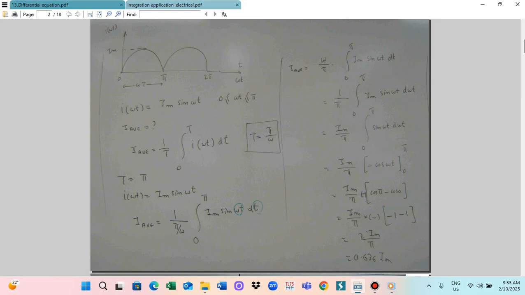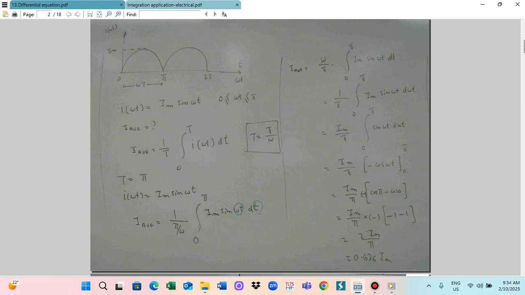So T is equal to pi by omega. You can substitute it here, pi by omega, sine omega t into dt.